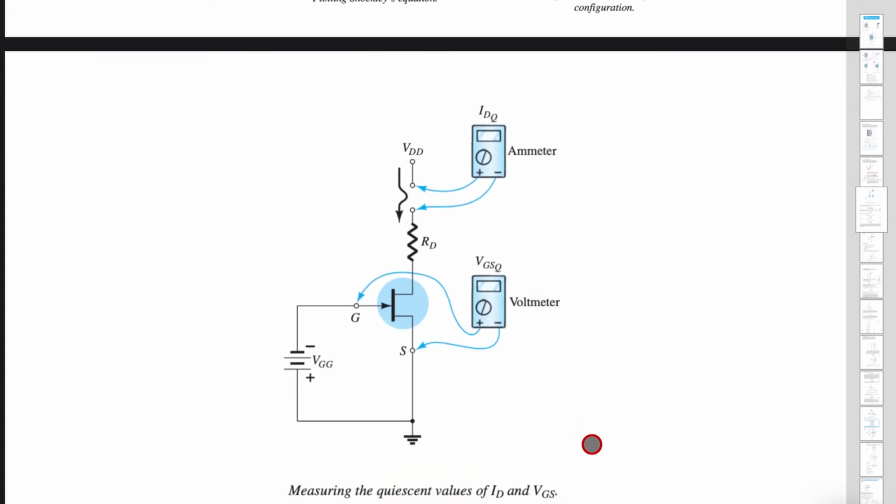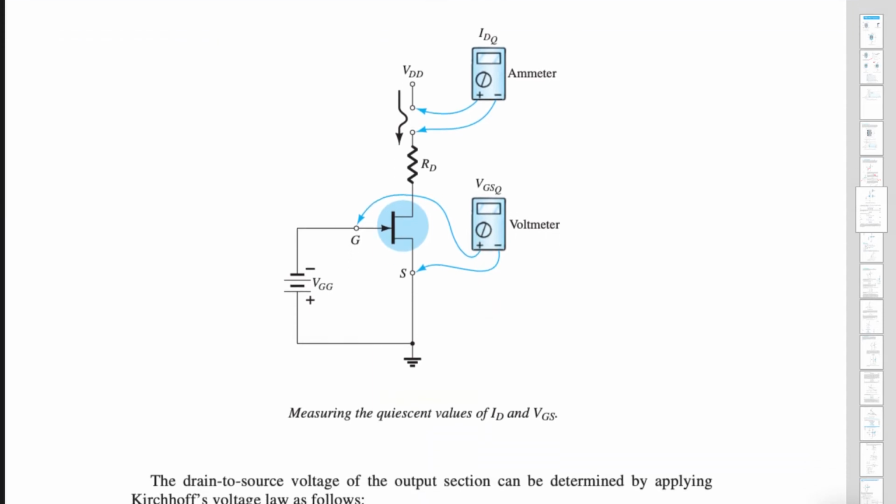In mathematical analysis, what we actually do is measure the ID current and the VGSQ. Practically we do it, but to solve problems, sometimes these values are given so that you can find the actual ID. If this is given, you find ID. If ID is given, you find VGS.